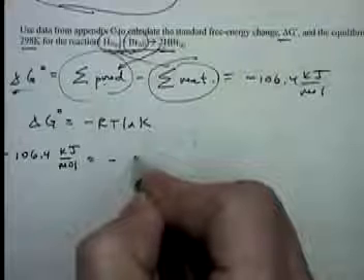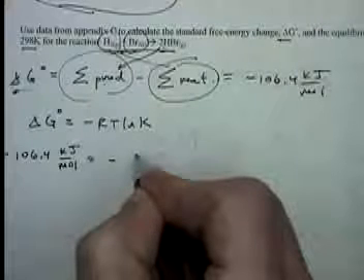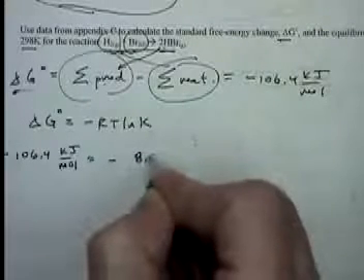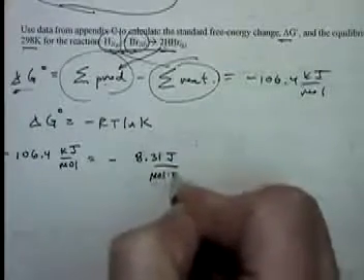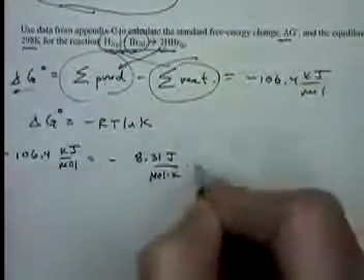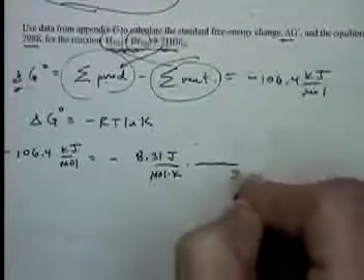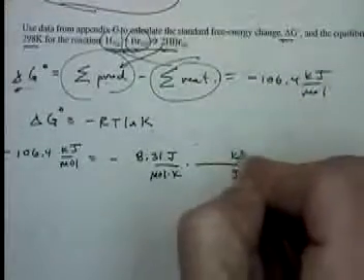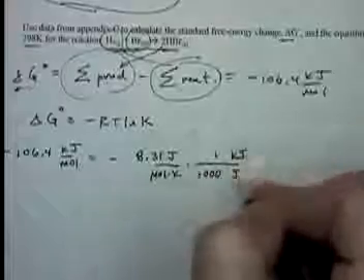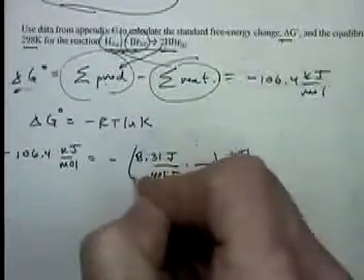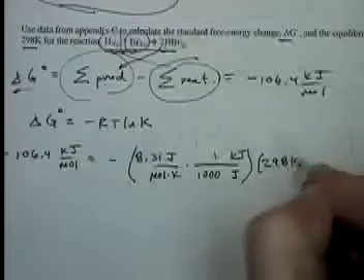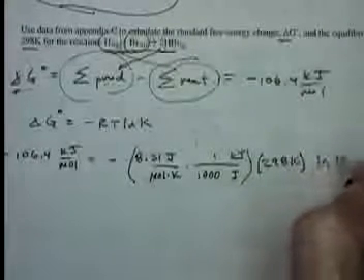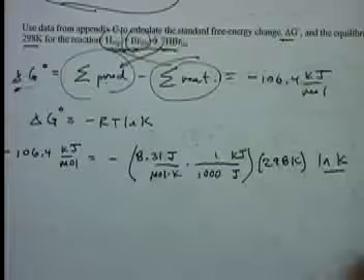And R is 8.31 joules per mole times Kelvin. But remember, this is kilojoules, so let's convert this side to kilojoules by putting joules down here. Kilojoules is our new set of units, and there's 1,000 joules in 1 kilojoule. The temperature is 298 Kelvin, and then our natural log of K is what we want to find.